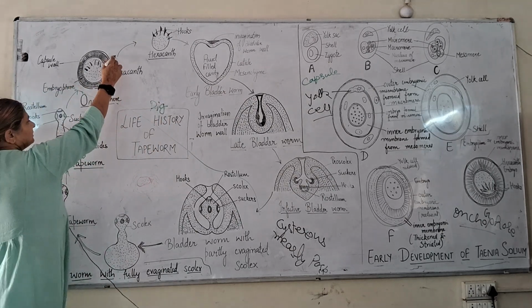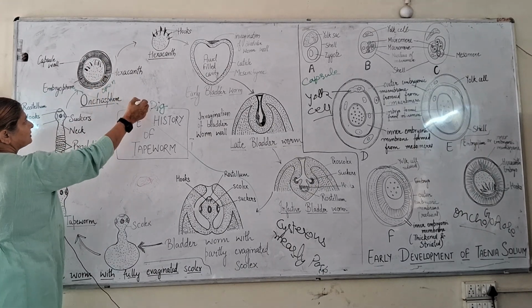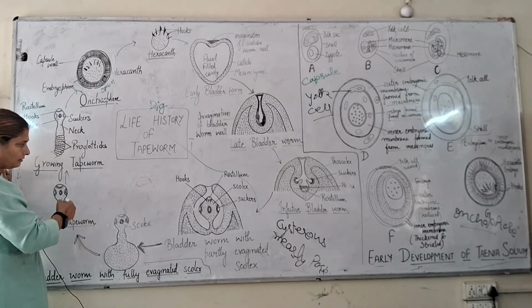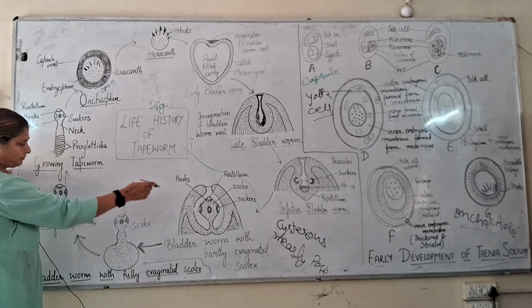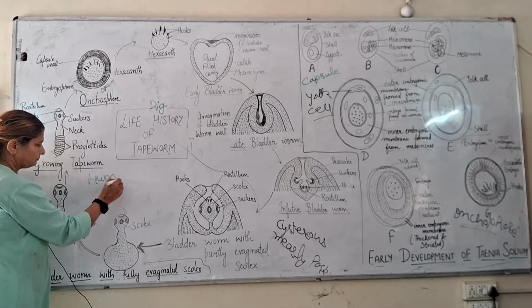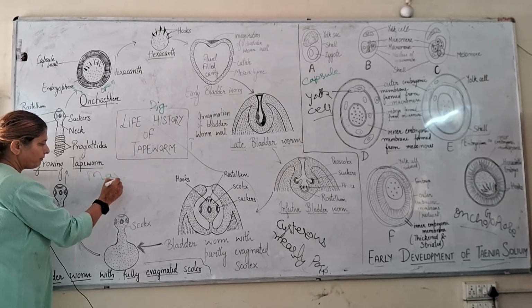It also stays outside for a short time, in the open, from the open it is taken by the pig, and then these all stages take place in the human being, yes, in man.